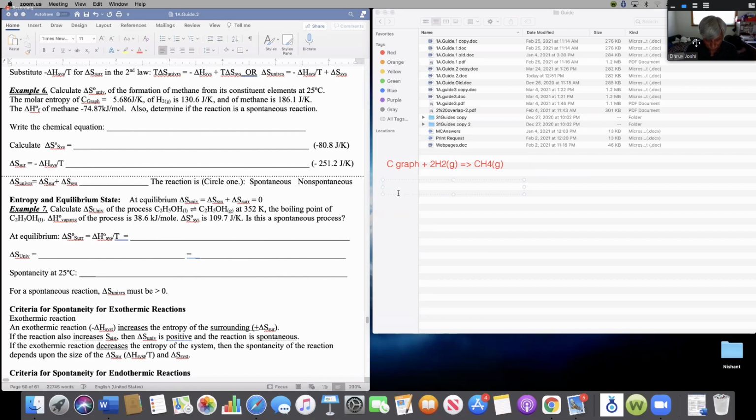So delta S surrounding equals negative delta H system divided by T. Negative of the negative, so it will be 74.87 kilojoules divided by 298, not 323, because we are told it's 298 K. And that works out to be positive 251, not negative.